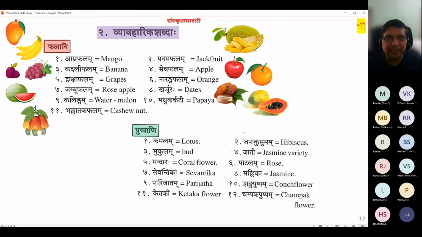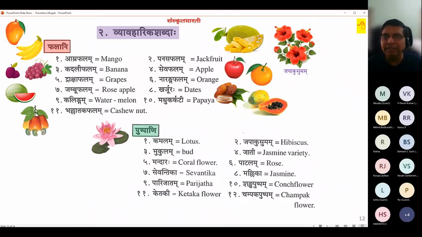Thanks, Bhagini, for reading. So Kamalam, lotus, but you can extend it to the other smaller variants; water lilies can also be taken under Kamalam. Then Japakusumam, what a beautiful name. Hibiscus is particularly dear to Lord Shiva, so it is used a lot.